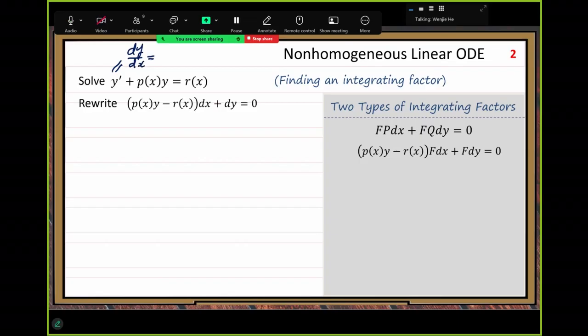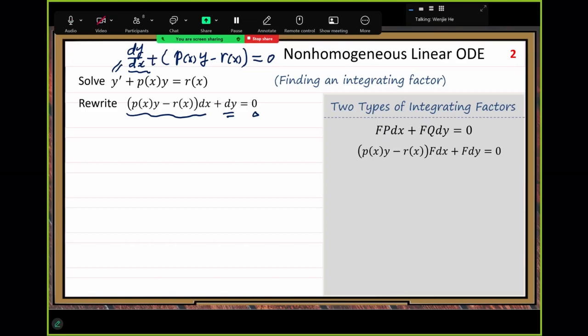We write it this way: dy over dx plus py minus r of x equals 0. Then you multiply dx on both sides, so you get this term dy and 0.